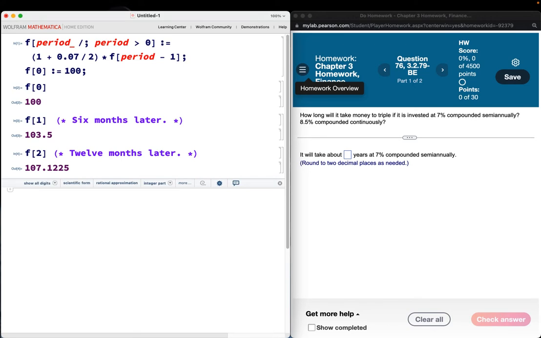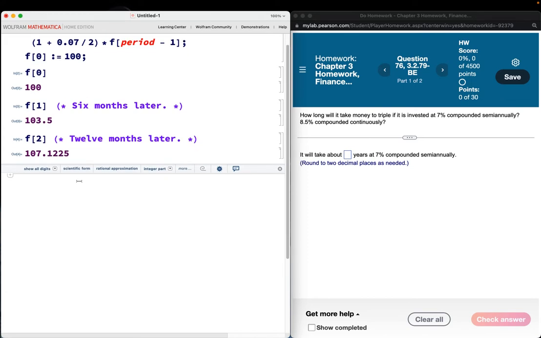So I want to know, how long will it take money to triple if it is invested at 7% compounded semi-annually? Okay, so eventually this is going to turn into $300, and we can see that if we use the table command.